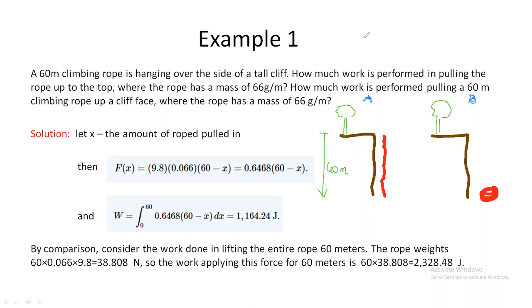Okay. Situation A is pulling the rope in an upward direction, while situation B is pulling the rope towards the cliff face. Okay? What about the others? I missed something.